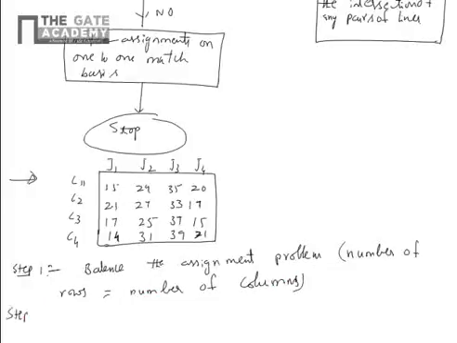Step 2: row transformation of the matrix.